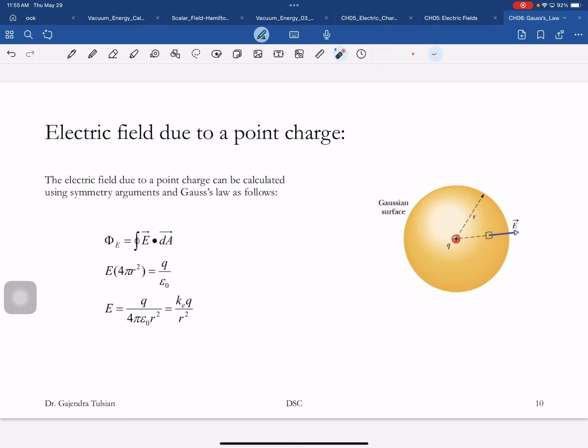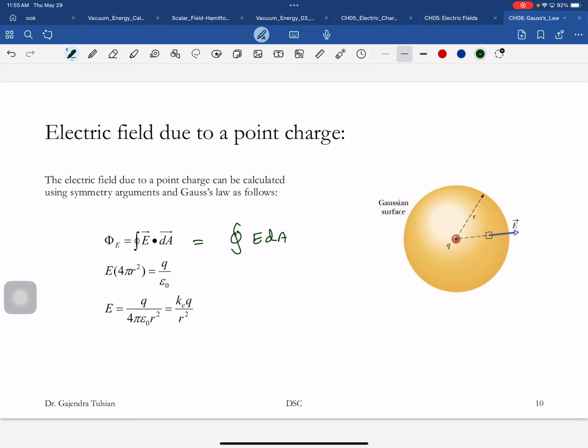So we'll always consider situations where the surface integral is actually very easy to calculate. Okay? So if this guy is at the center of the circle, there's the electric field, the strengths are all the same, and they're all pointing parallel to the area. So this surface integral just becomes E dot dA.